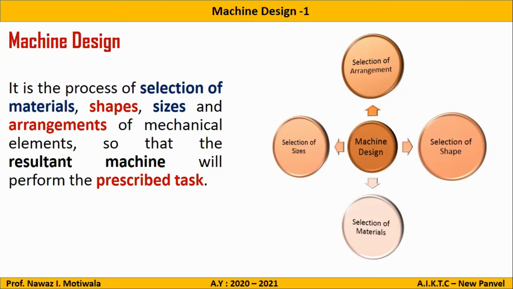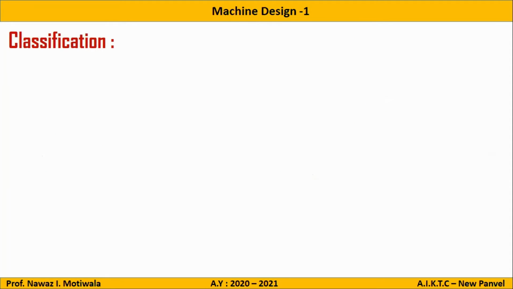So we have seen the term machine, the term design, and what is machine design. Now let us move forward with the classification of design. How are designs classified? The first classification is the adaptive design.